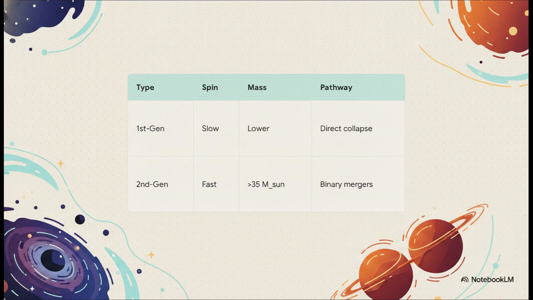But then we have this distinct population of giants, heavier than 35 solar masses, that spin much, much faster. The crucial takeaway here is that these larger objects are likely second-generation black holes, meaning they were born from the merger of previous black holes. This perfectly proves that there are multiple hierarchical pathways to creating heavier black holes in the cosmos.